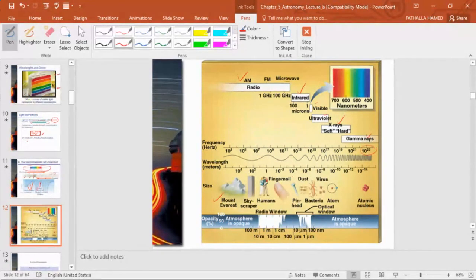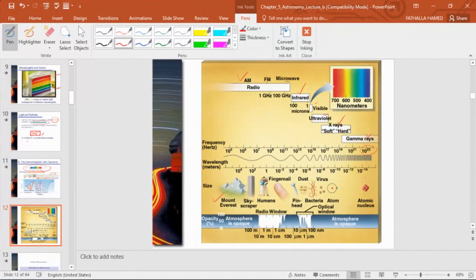When we talk about millimeters, then you're talking about a human finger. Then micron size, you're talking about dust. Then less than that, in terms of microns, you're talking about bacteria. Less than that, in the nano range, you're talking about viruses, and you can go all the way to an atomic nucleus.